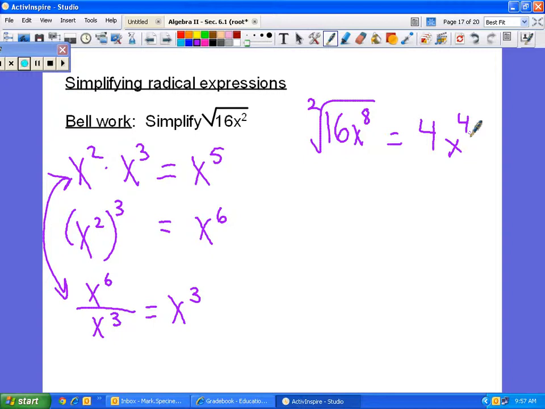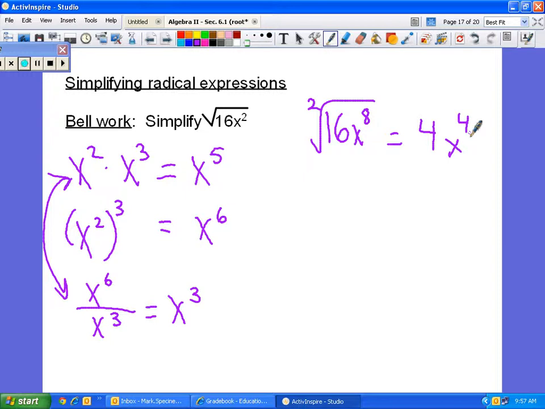You ask yourself, are there any values of x that I could plug in here that will give me a negative answer? In other words, obviously, if I plug a positive value in, any positive number raised to a power is going to give me a positive number. But if I take a negative number and I raise it to the 4th power, what kind of number am I going to get?